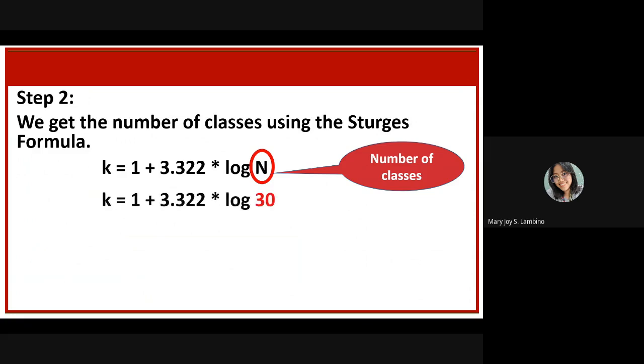K is equal to 1 plus 3.322 multiplied by the logarithm of 30. Our final answer is this, but we need to round it off. Our final answer will be K is equal to 6.